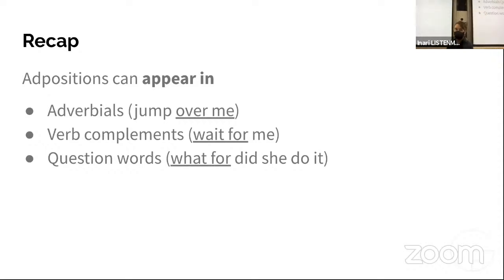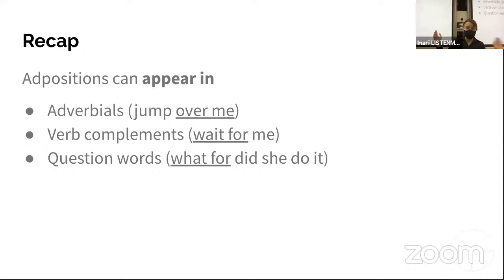So the adpositions can appear in adverbials, like "jump over me." That's an oblique, as we learned with a new word. They can be verb complements. Like in English, "wait for me," the preposition "for" belongs with the verb, I would argue. And then they can also appear as question words.